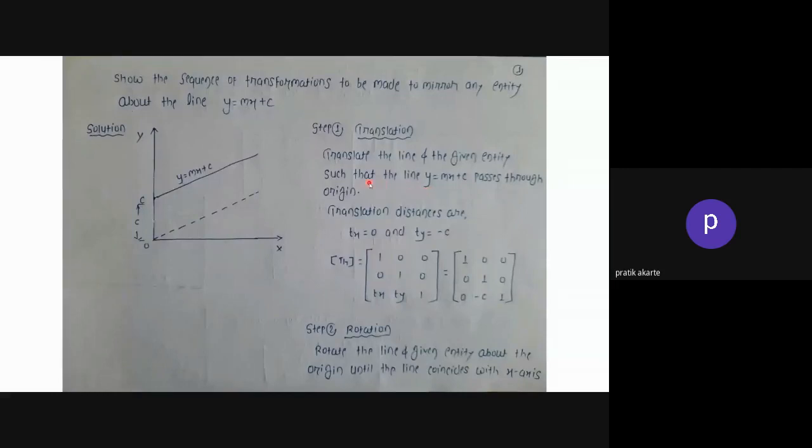So what we have to do is translate this line or axis to the origin, and whenever we translate this line to the origin, the entity which is associated with that line will also get transferred to the origin. For that we want the translation. Since we are shifting the position of the line, we are performing the translation transformation.